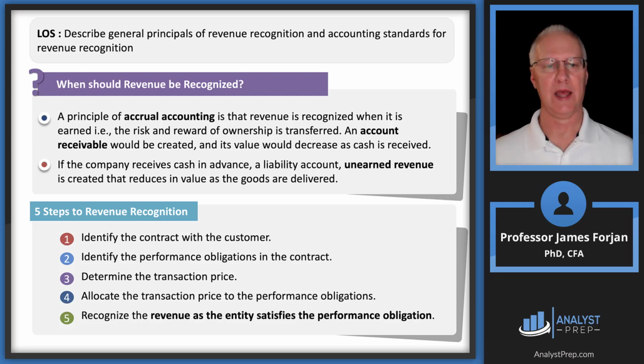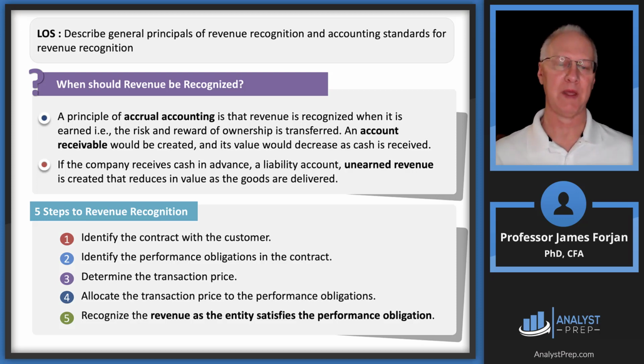Now look at that second embedded bullet point. Let's suppose that the company receives cash in advance. And so instead of me selling you guys, my customers, let's say 100 Honeycrisp apples and you paying me cash, let's just suppose for some reason you say, you know what, Jim, I'm going to pick up my Honeycrisp apples next week and I'm going to pay you all this money today.